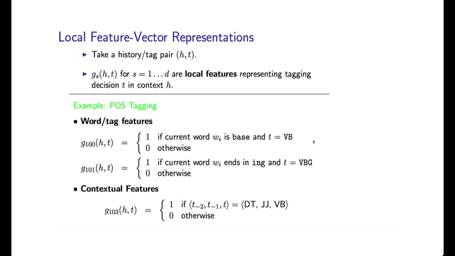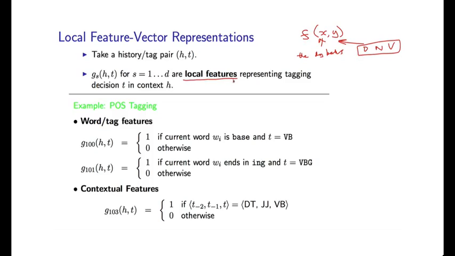Now to go further with this, and this is completely reusing the technology we saw from log-linear taggers, we will define what I'll call local features. Remember, a global feature vector looks at an entire x, y pair where x is, for example, a sentence, say "the dog barks," and y is some tag sequence. These feature vectors are global in that they look at an entire tag sequence.